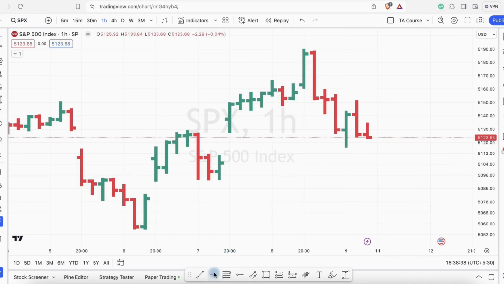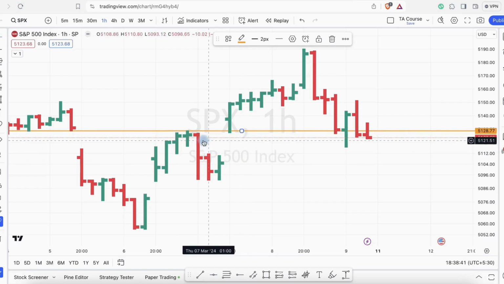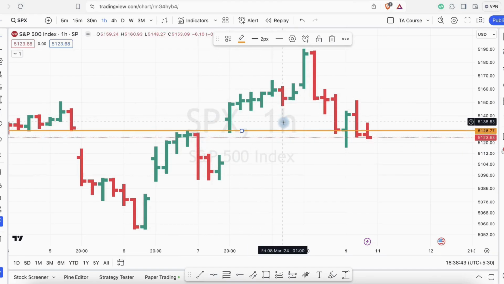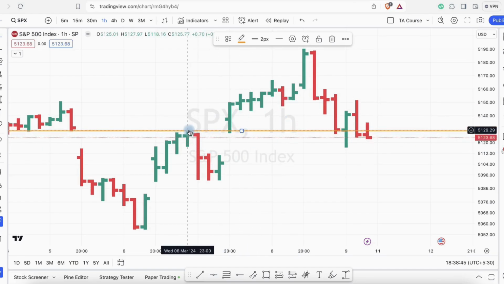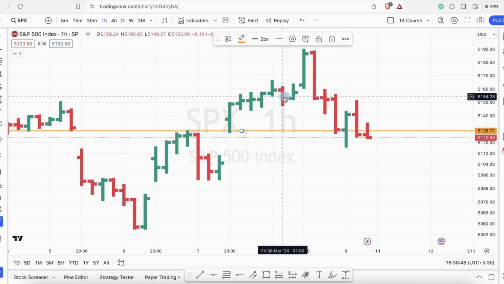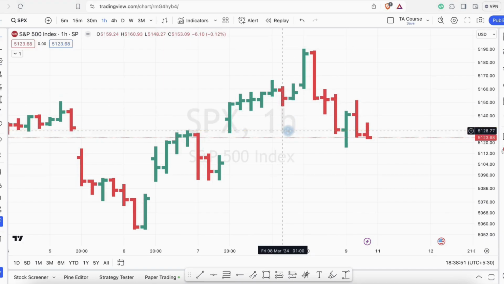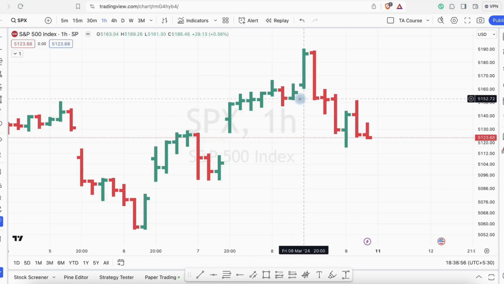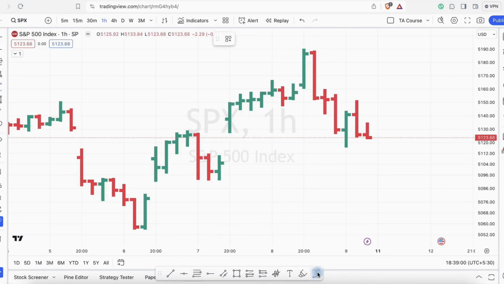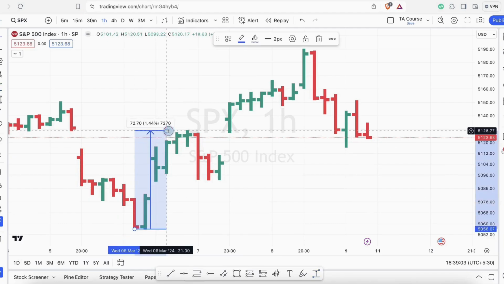We can also put a horizontal line here just to see that they do not coincide. This is the wave 1 high, and as you can see, the wave 4 low is very much higher above. And the third rule was that wave 3 cannot be the shortest. So we can measure the height of all these waves. This is your wave 1, which is 72 points.